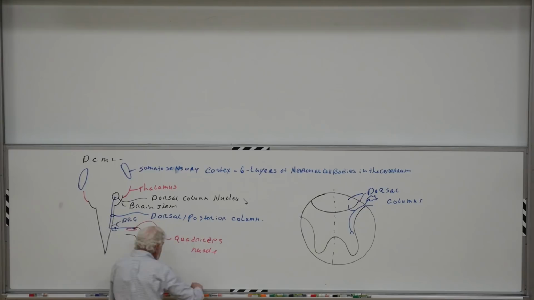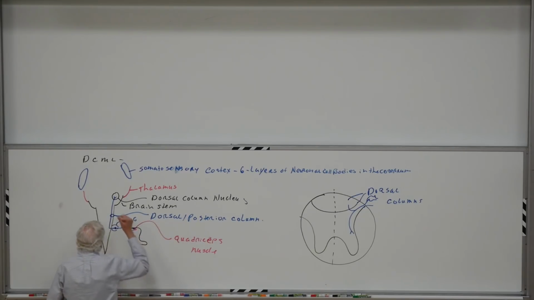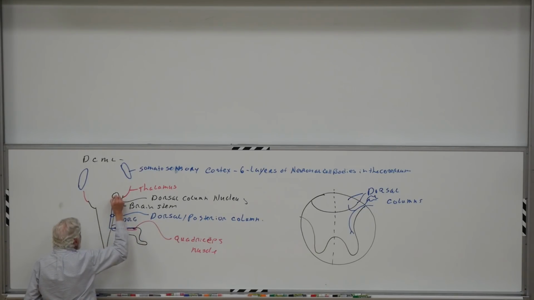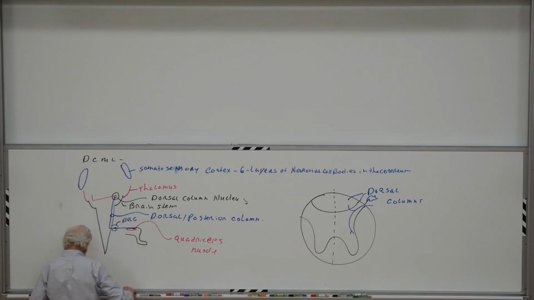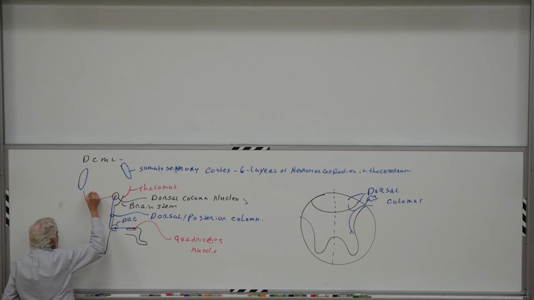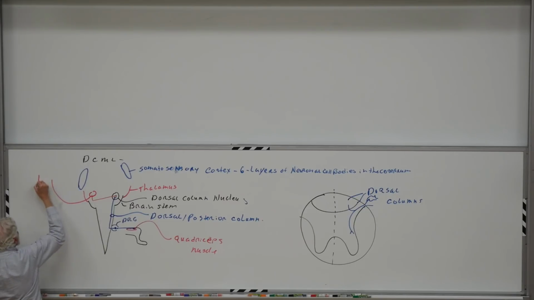In the dorsal column nucleus, this neuron synapses onto a second-order neuron that crosses over the midline and ascends the central nervous system to this region here called the thalamic relay nucleus.